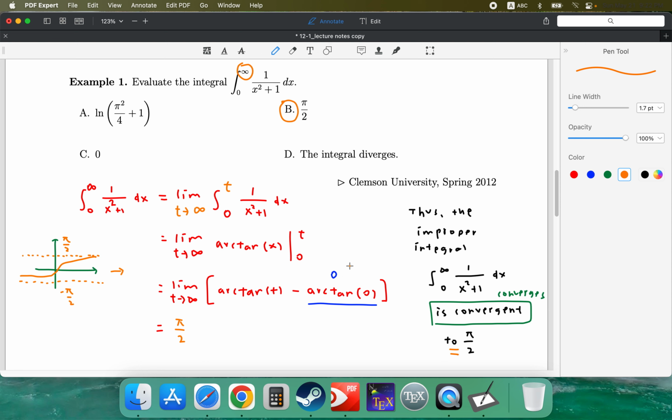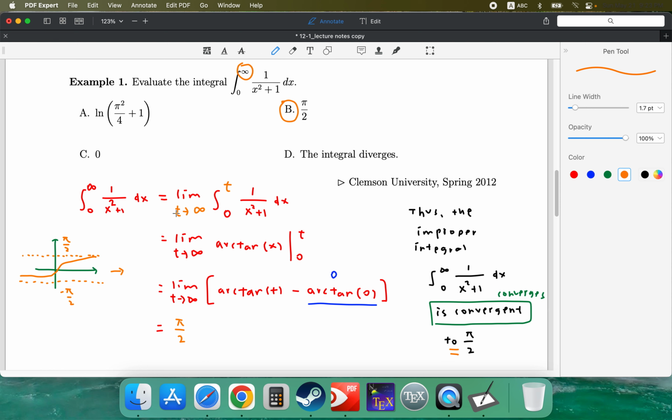The first thing you want to do for an improper integral is to set up the limit. If you take a look at the old test on the 1080 website, we also include the rubrics on this old test. You can see that if you don't write the limit notation, you will not get full credit.